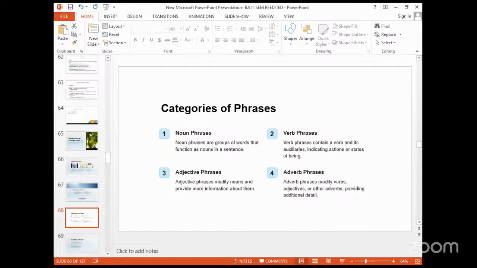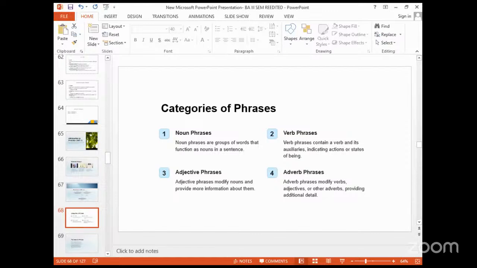The grammatical category of a phrase is determined by the grammatical category of the head word in the phrase. Okay, for a word, looking at the morphological structure, we can tell to which class it belongs. But when it comes to a phrase, it is mostly the head word which suggests the grammatical category of that phrase. Okay, the head word, let me discuss it in the next slide.